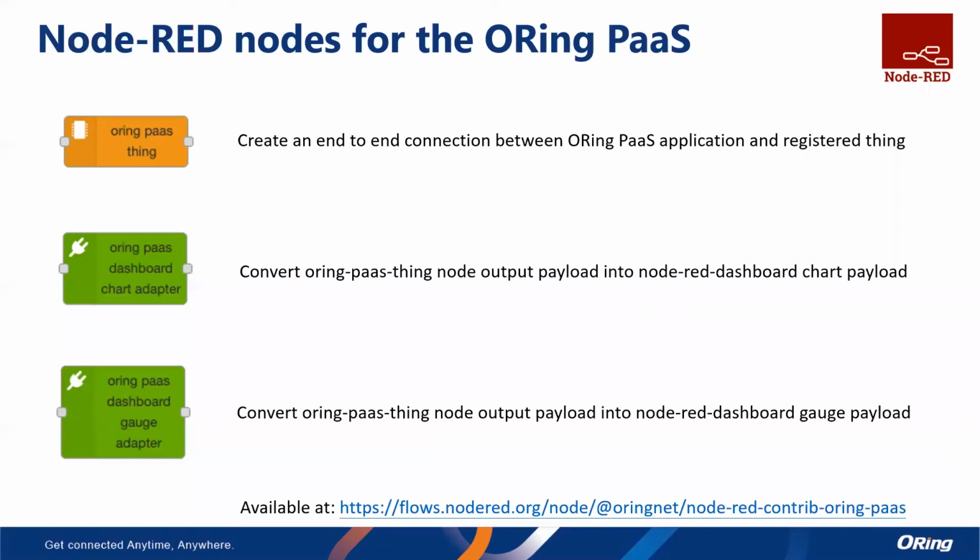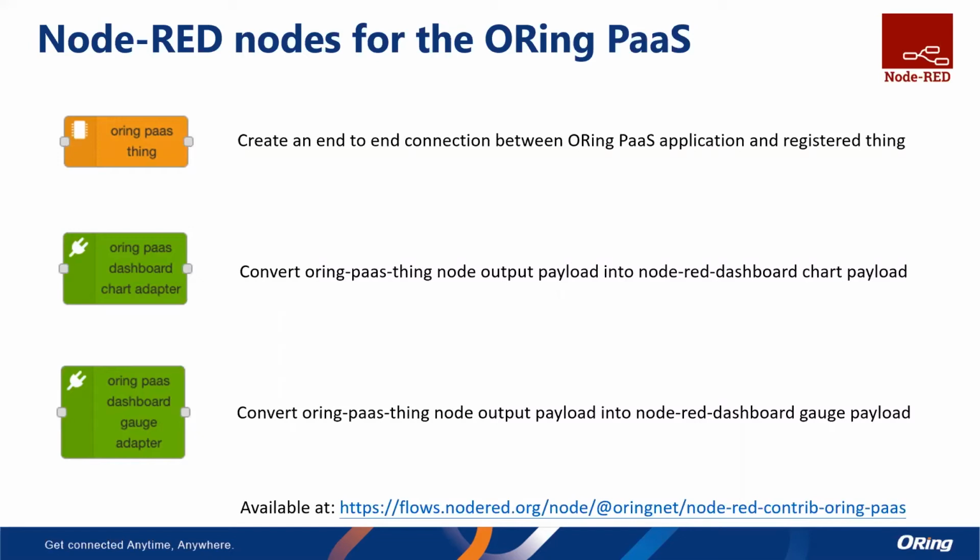In this case, we have 3 nodes available. The first one is the ORing PaaS Thing node, the orange one, which you can see right now on the screen. And this node is already encoded to create an end-to-end connection between the ORing PaaS application and a registered Thing. The other 2 blocks are for converting the data to be readable for the dashboard components palette.